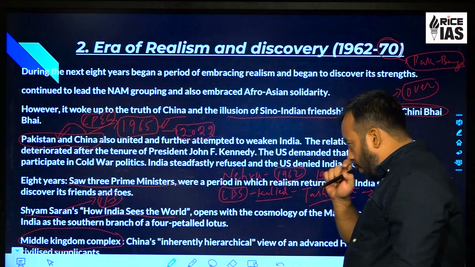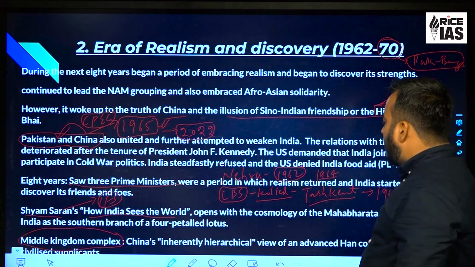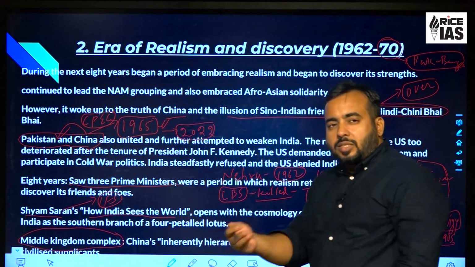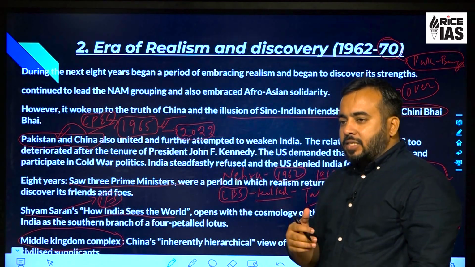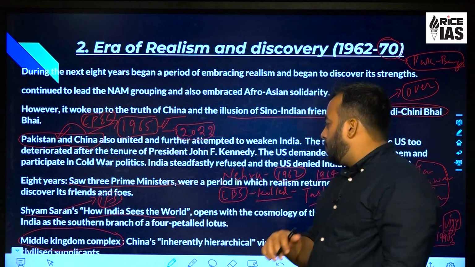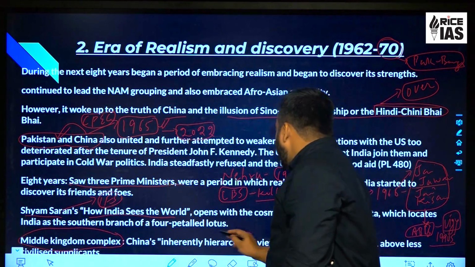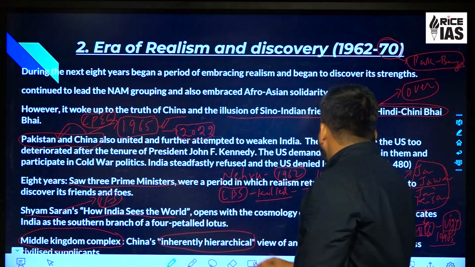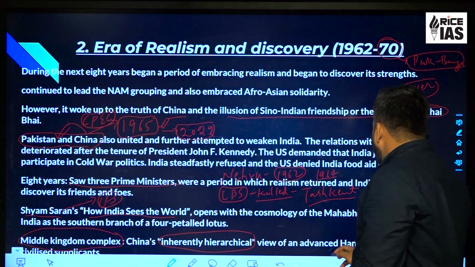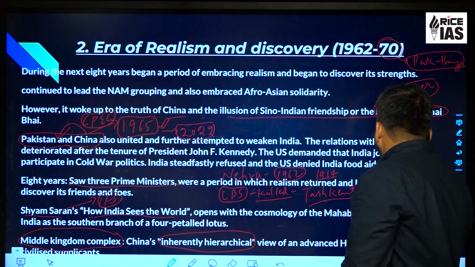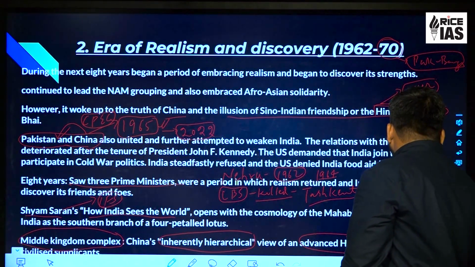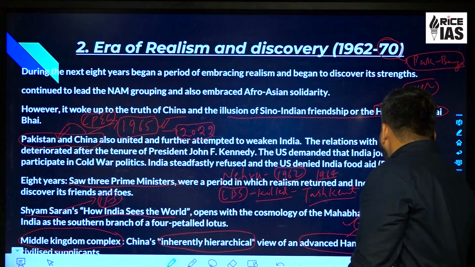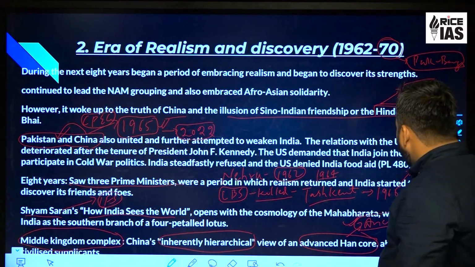Shyam Saran says in his book that China's conception of itself is inherently hierarchical. That is, they see themselves as part of an advanced Han core, ancient. This might remind you of the ancient Silk Route.